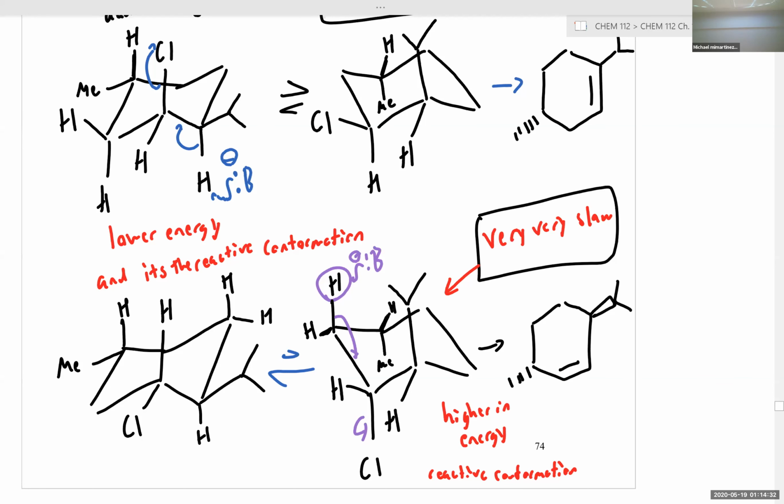Does this make sense so far? Now, here's the catch. I'm going to put a star next to this question because in reality, if you actually try to run this reaction, you may get a mixture of products. And that's because there's another reaction pathway that we are going to discuss now.